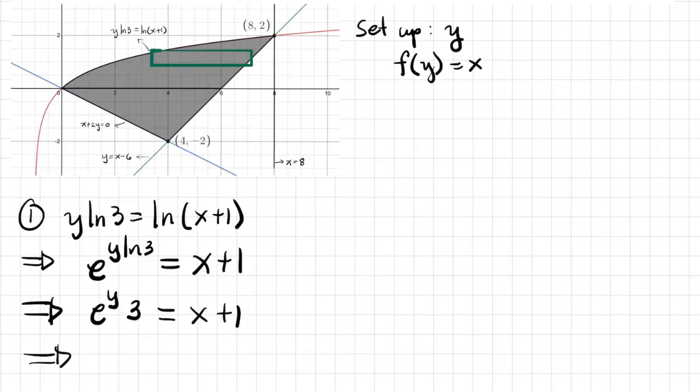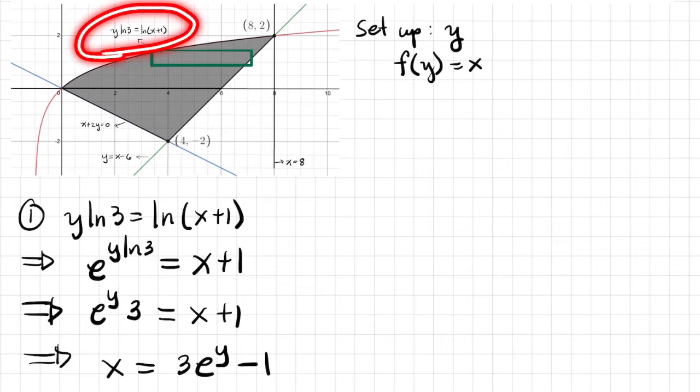So this means that x is equal to 3 e to the y minus 1. That means this curve has this equation. Let's write that. So this is the same as x equals 3 e to the y minus 1.